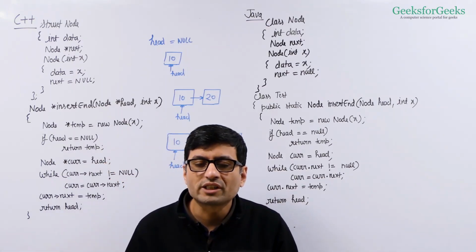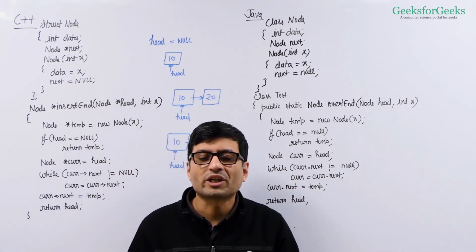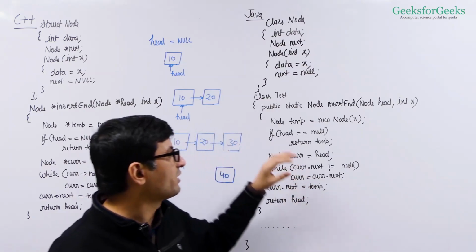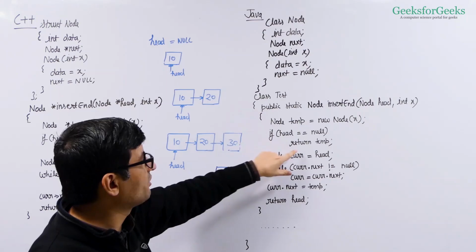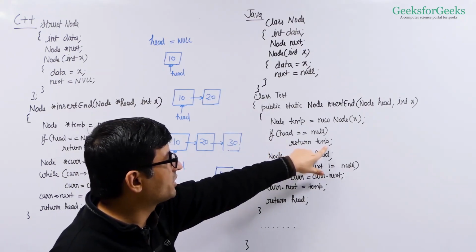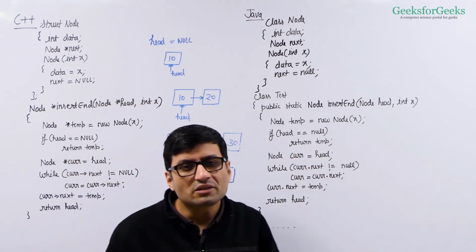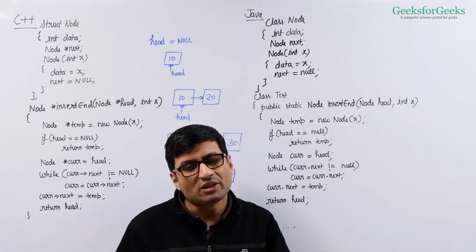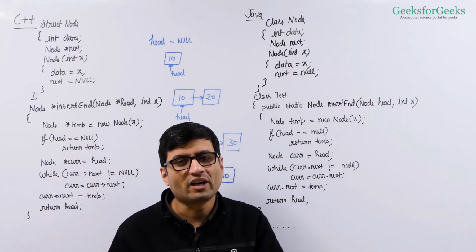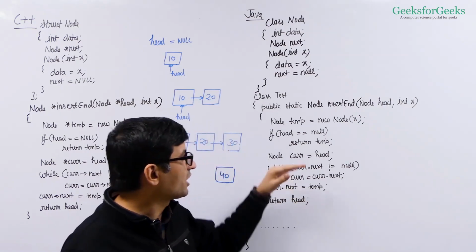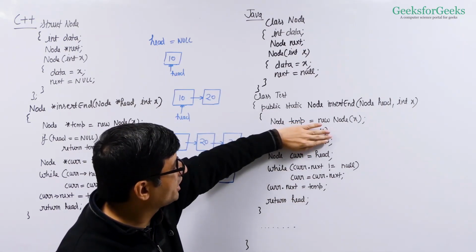Now, one corner case that we must handle explicitly is when our linked list is empty. That's what we have handled here. After allocating memory, we check if head is null, then we return this allocated node explicitly. The reason is, if your head is null, then you should not access head's data, head's next or anything. But what will happen if I don't handle this condition explicitly?